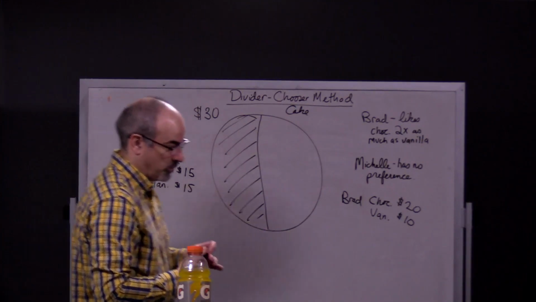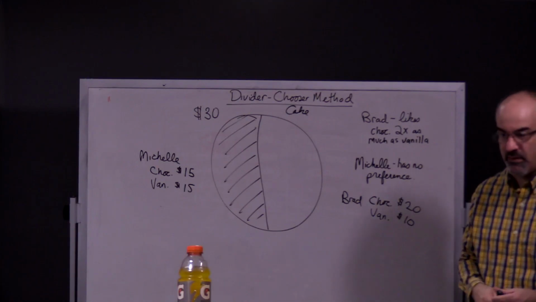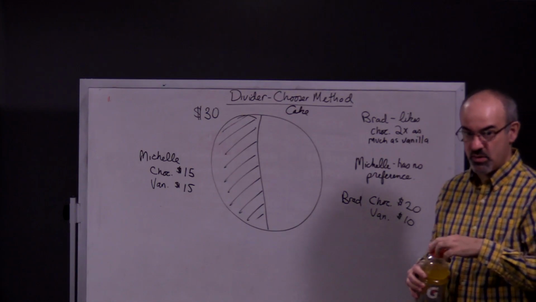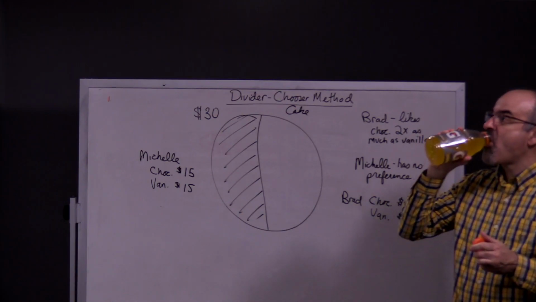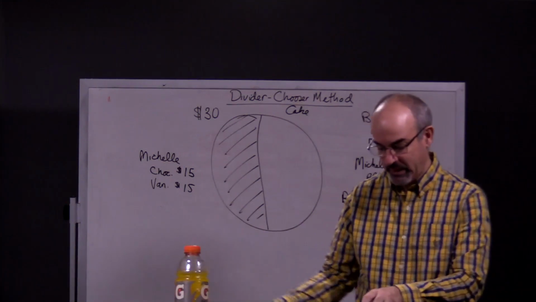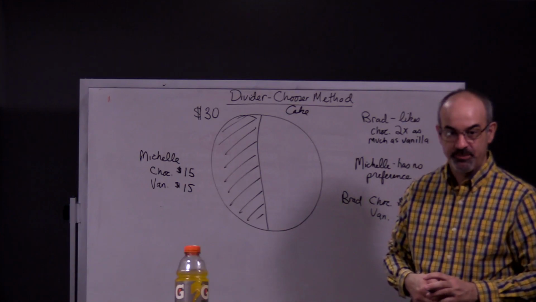Okay, so the divider chooser method: one person's going to divide the cake and the other person's going to choose the piece that they want. If you remember, it's always better to be the chooser.